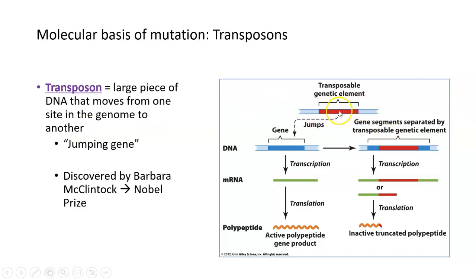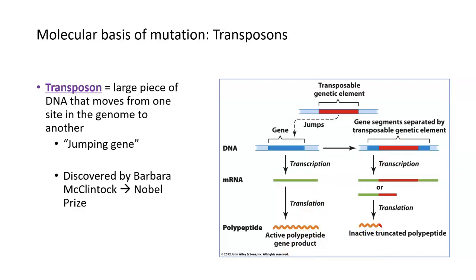Here you can see a transposon in red. It's in one area of the genome, and it's able to come out and move to a different genetic location within the genome. Now this normal gene on the right has an entirely new large change to the DNA, this transposon inserted right in the middle of it. That can lead to changes in the protein products that these genes encode.